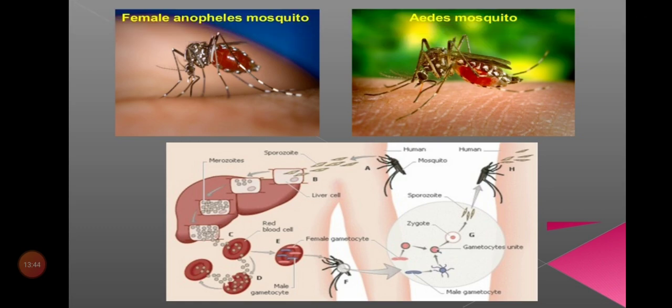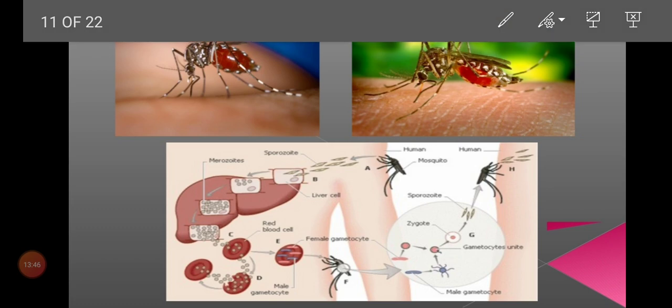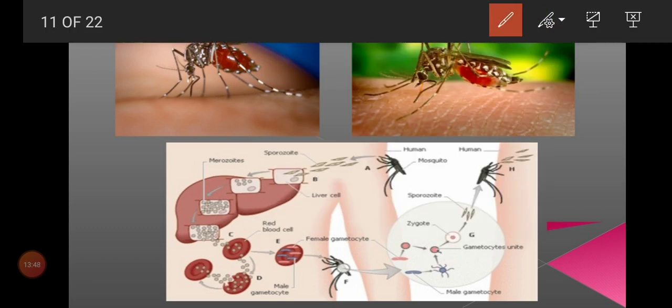And this is how it will affect the person's whole system. Only the picture was given. You will learn this life cycle in detail in higher classes, but it mostly affects your red blood cells. This is your red blood cells, and only in these red blood cells the Plasmodium will be there.